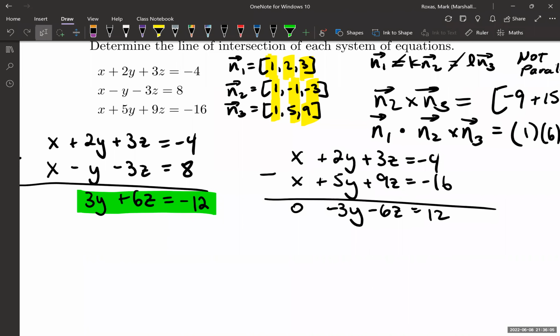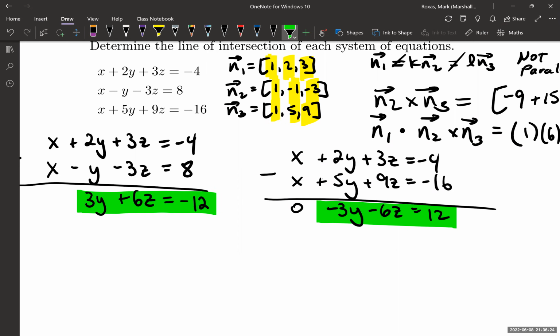Now, the reason I'm doing this is because this is the same process as finding a point of intersection, but we know we're going to get a line of intersection. Do you notice that these two equations are essentially negatives of each other?